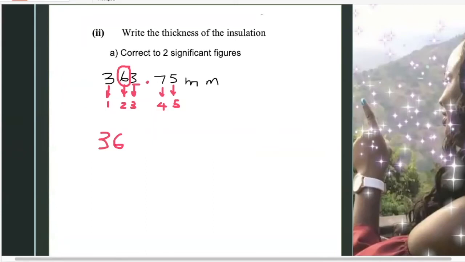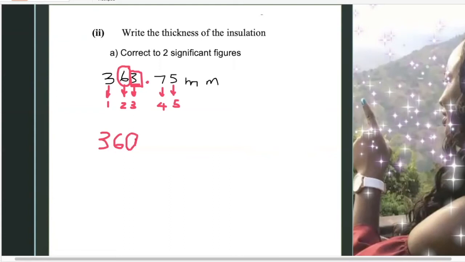This is going to be just 6 because this number that is 3 that falls behind the 6, because it's not 5 or greater, we will not round up. So if this was a 5 or a 7, then we would have rounded up the 6 to become a 7. So since it's a 3, we will not round up, we'll leave the 6 as it is.